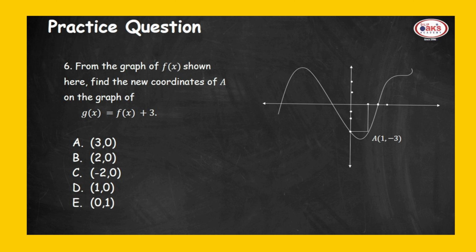Now here, as all of you know, the function g of x is defined as f of x plus 3, which means we are supposed to add 3 to the output of f of x. Now, as we have studied, one of the properties of graphs of functions tells us that if you add a positive constant to the output, then the entire original graph has to be lifted up by 3 steps.